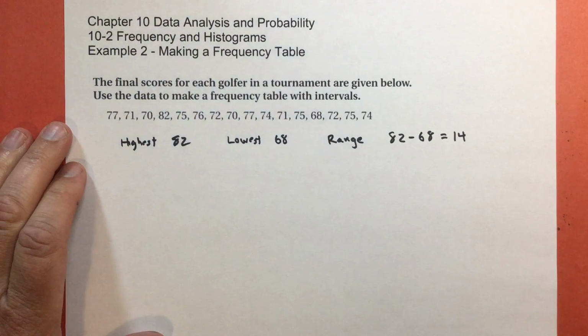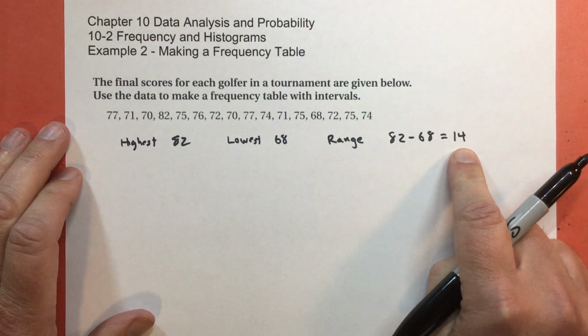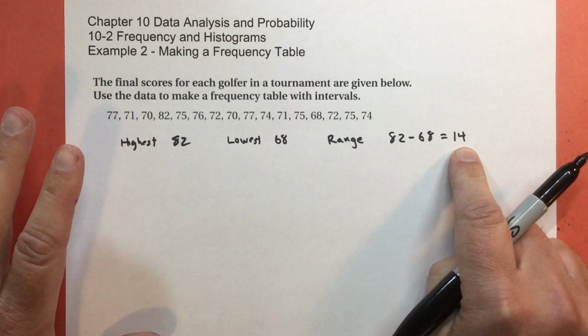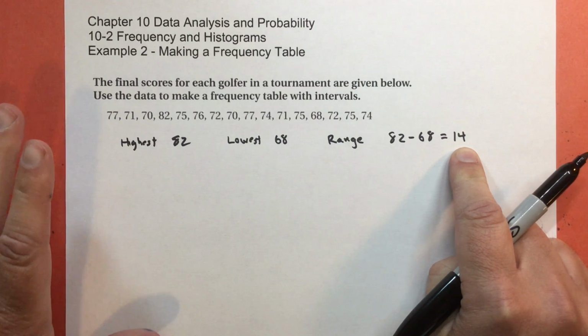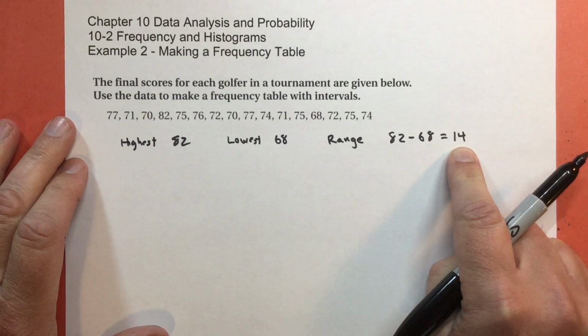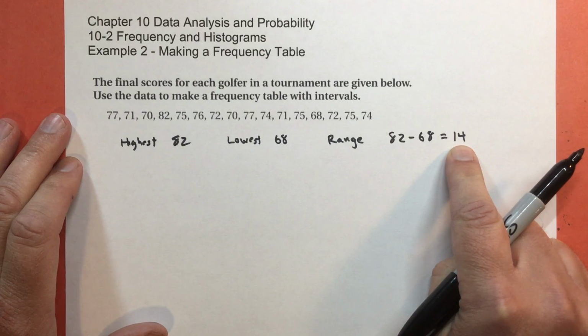So how would we divide this up? 14 divided by 4 would be 3.5-ish. I can't do halves because I have to have a whole number in there. So I don't know, maybe 3 in each one. I don't know if that would work. 6 seems like it would not be enough. So I think I'm going to stick with 5.